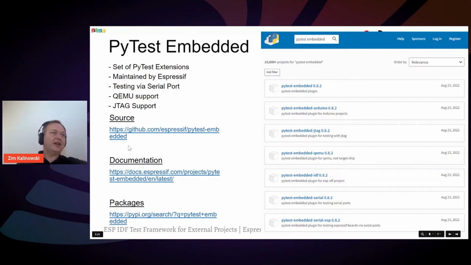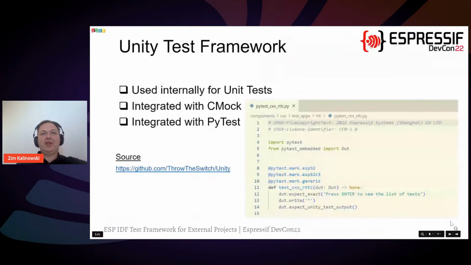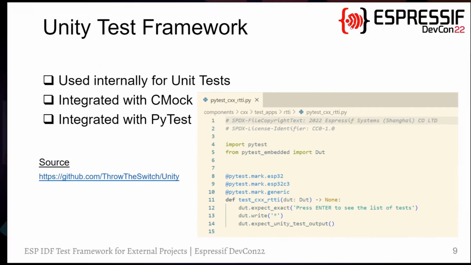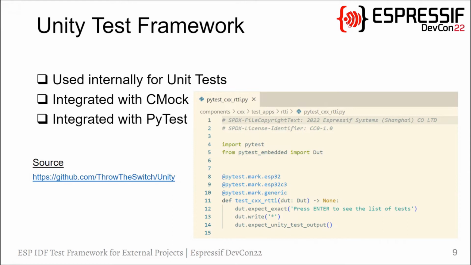You can also find more information about PiTest Embedded on our documentation page, packages search, and the source code. Source code is here. The next tool I'd like to mention is Unity Test Framework. I'm not going into too many details here.